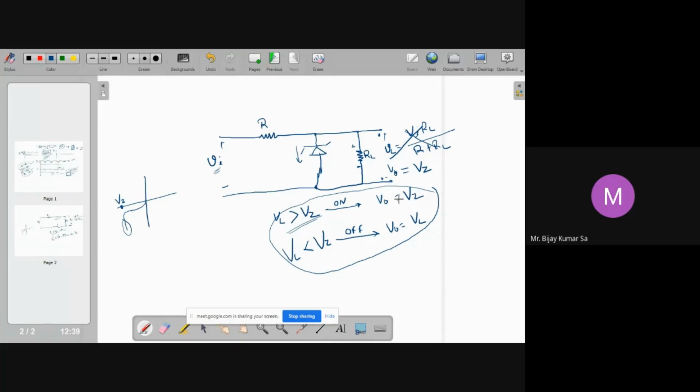Okay. So the VO will never be greater than Vz. This voltage regulator will not let the output voltage go beyond Vz. And this is the manner in which the voltage regulator is going to function. Are you clear? Everybody, are you clear?